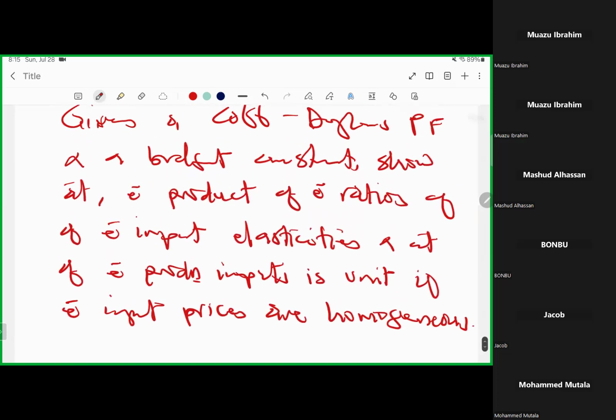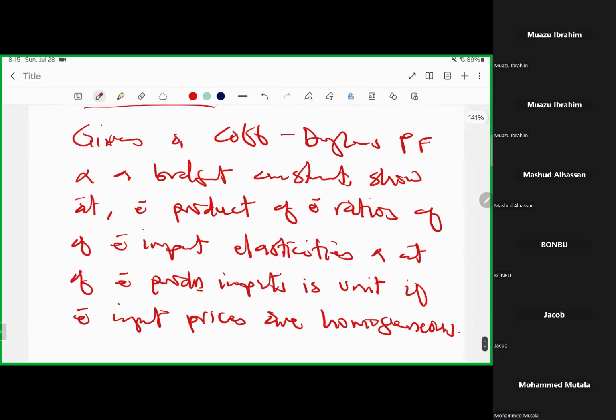Now, what is the question saying? Given a Cobb-Douglas production function and a budget constraint, maybe of a firm, we're asked to show that the product, and you know product, that is multiplication, the product of the ratios of the input elasticities, the alpha and the beta from the Cobb-Douglas production function, and that of the production input is unit, and you know what unit means.